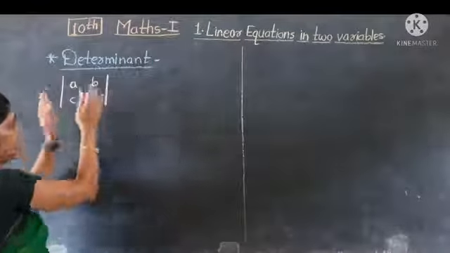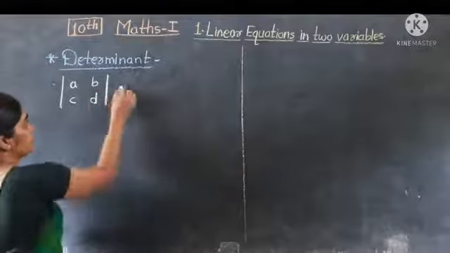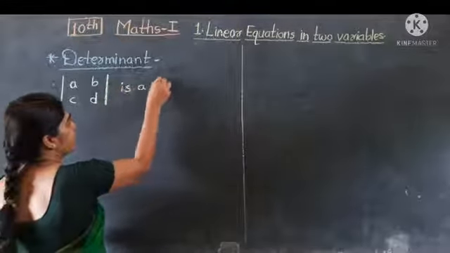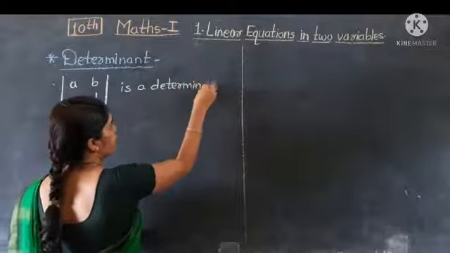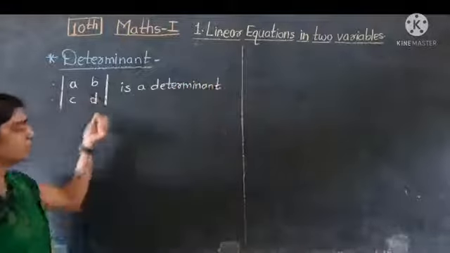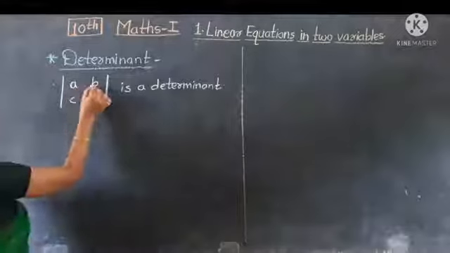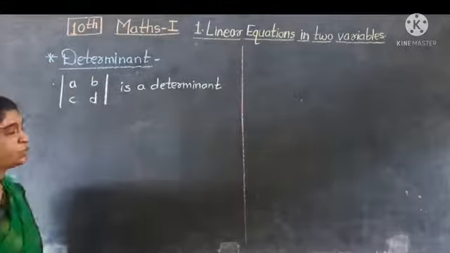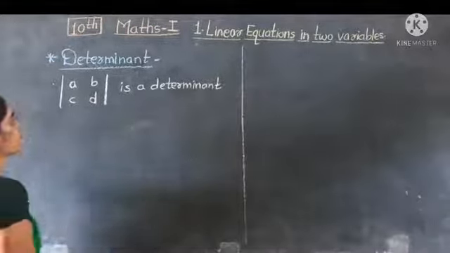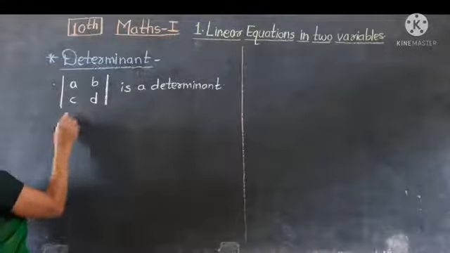In these two lines I have written A, B, C, D. This is a determinant. It is a determinant having two columns and two rows. Which are the rows here?